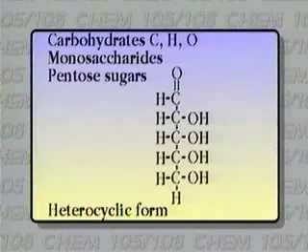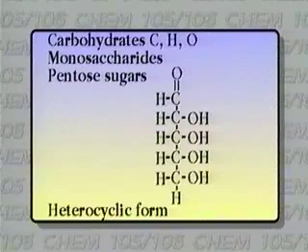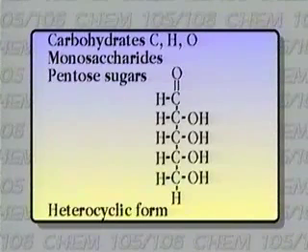Homocyclic would be something like the benzene that we talked about in a previous lecture. The benzene, the 6-carbon ring structure, is a homocyclic structure. Heterocyclic means that one atom in the ring is a non-carbon.